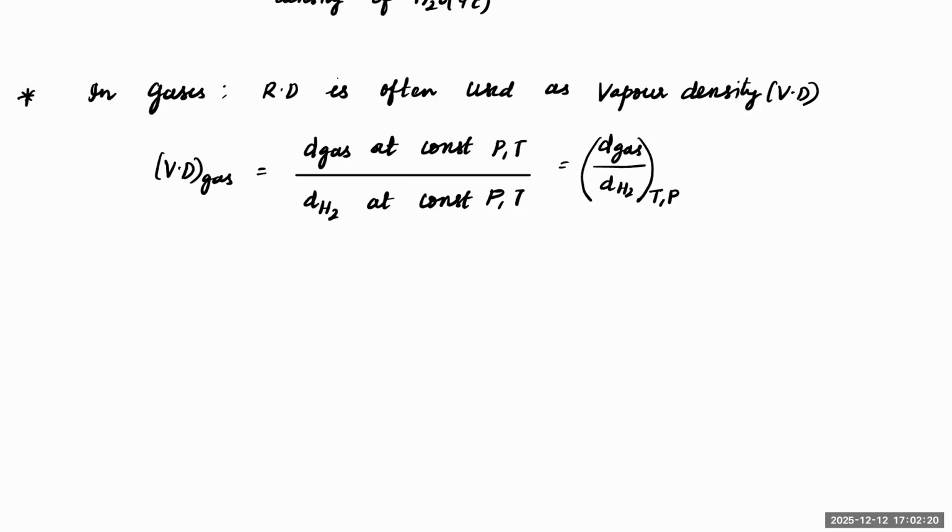Let me bring one important terminology here, especially in gases. Whenever it comes to gases, you should be able to relate that gases can be of many types, but most of the time we refer to a perfect gas, an ideal gas.